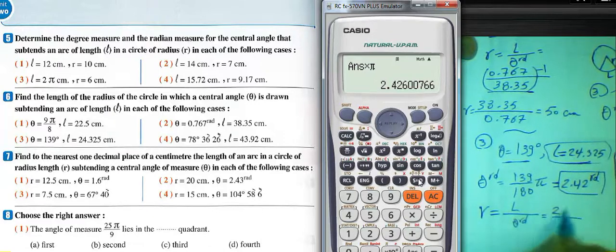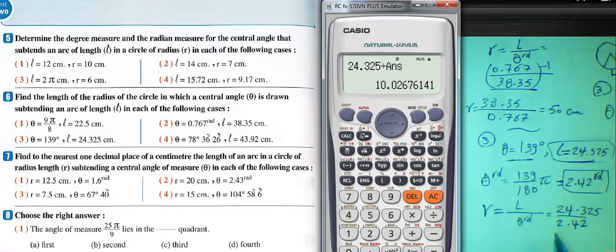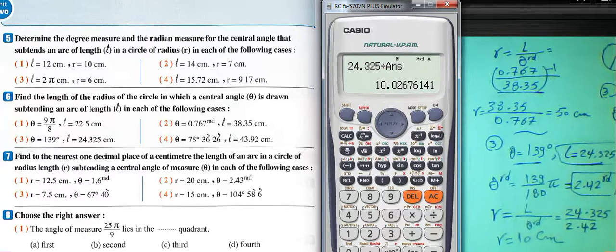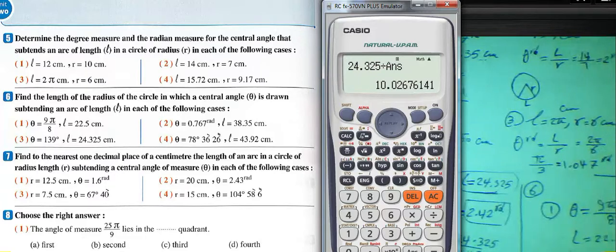L equals 24.325 divided by theta radian, 2.42. We can use a calculator: 24.325 divided by answer equal 10 centimeter, radius 10 centimeter. Question number 7. Look with me on the left hand side.